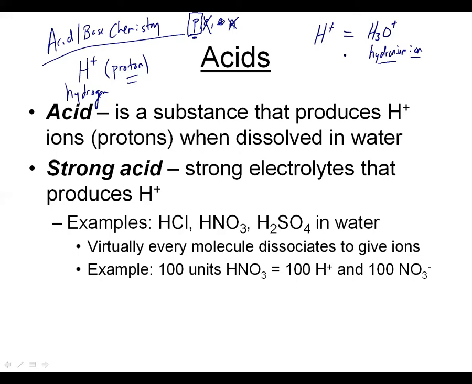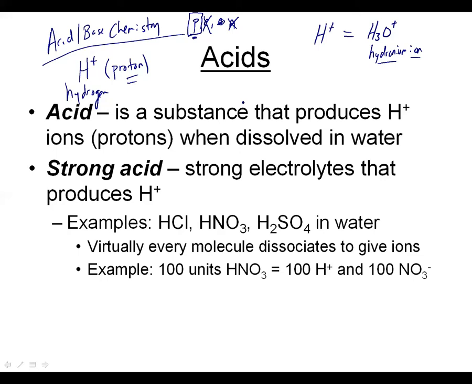What I mean by that is, depending on where you're looking, maybe a certain book or a formula, you will see H plus and H3O plus used interchangeably, both in formulas and in chemical equations and reactions.